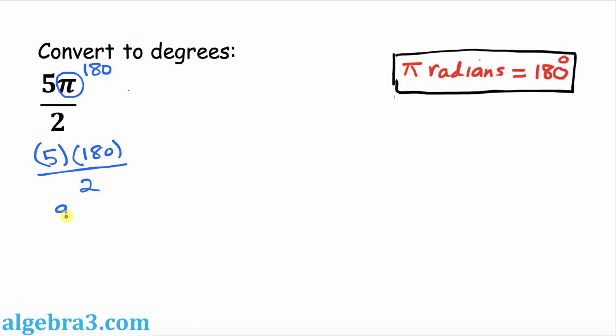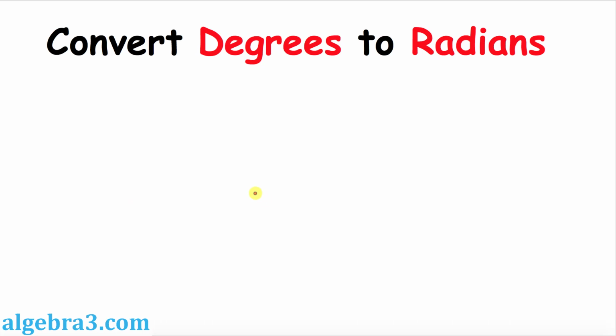On the top this becomes 900 divided by 2, which equals 450 degrees, and that is your answer. Now, next we want to talk about how to convert degrees to radians, the other way around.